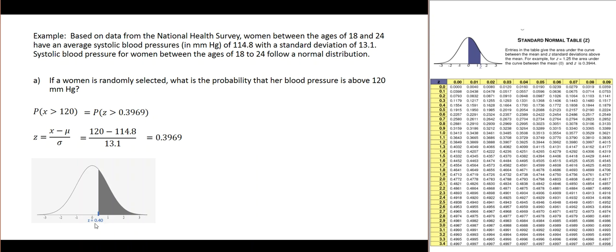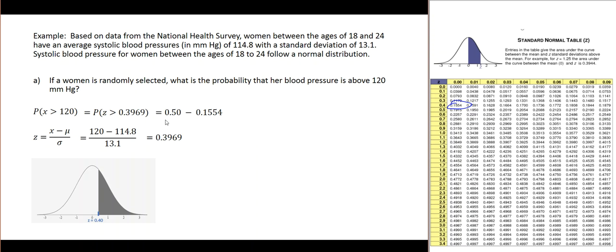Okay, so now we want to look at this. Notice that we've got tail and area here. So when we look over on our z-score chart, remember tail and area, we are going to look for a z-score and then we're going to have to subtract that from 1/2 or 0.5 because that's the whole thing. So looking for 0.40, and we get that area right there, which is 0.1554.